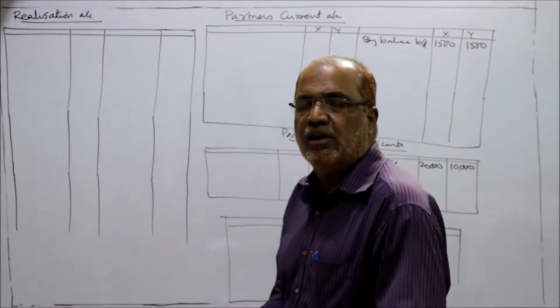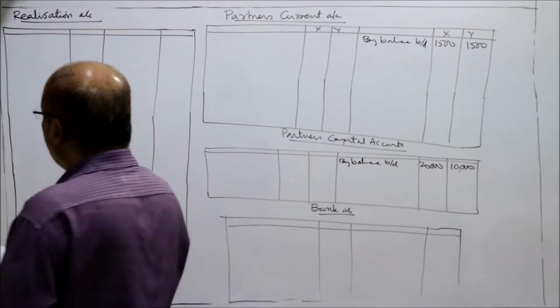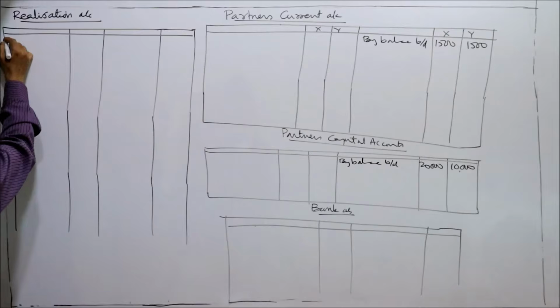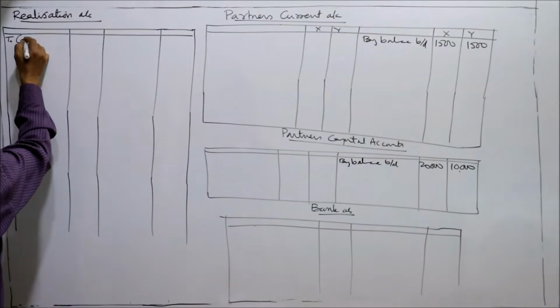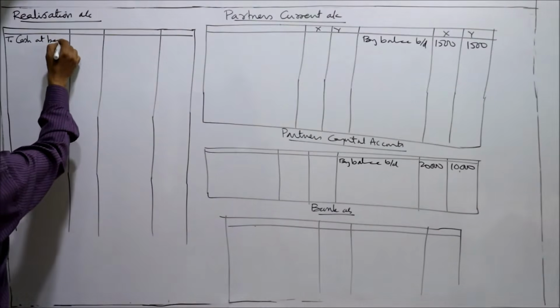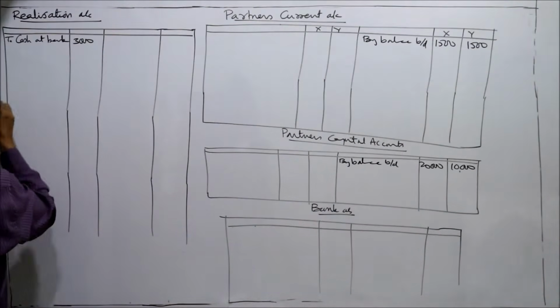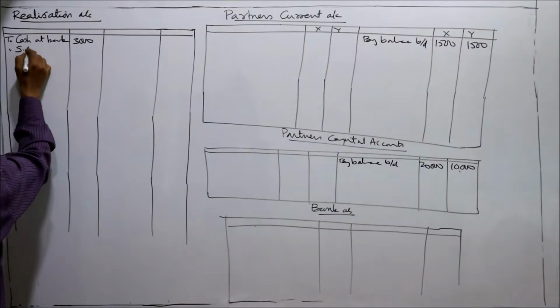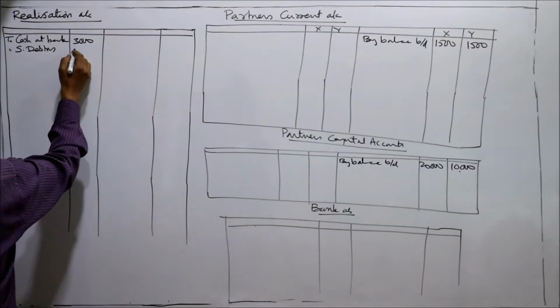Start posting the entries. First entry, realization account debit to all assets. So on the debit side, look at the balance sheet and take the assets: to cash at bank, 3,000. Sundry debtors, 12,500.